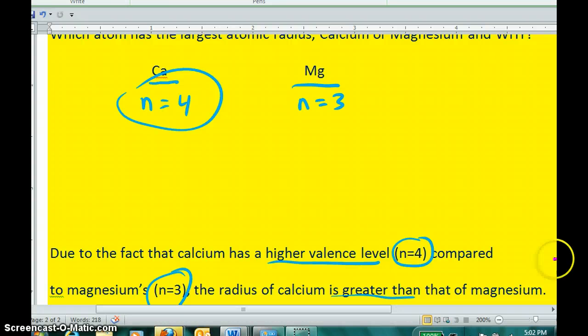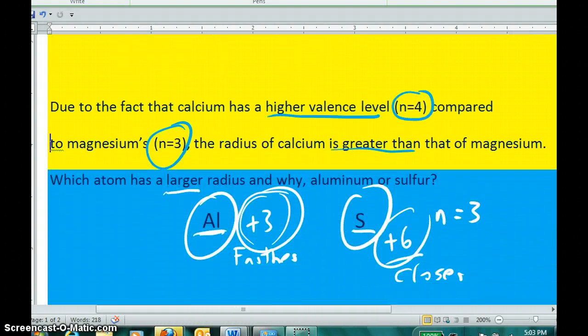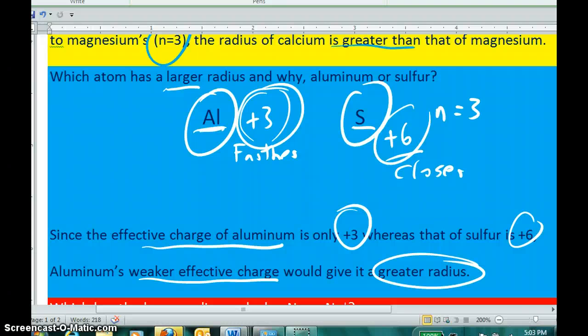For instance, magnesium would have the smaller radius because it has a lower valence level. So I'd say because magnesium has a valence level of n equals 3 compared to that of calcium's n equals 4, magnesium would have the smaller radius. Same reasoning, just the opposite way of thinking because we want to know the opposite thing.